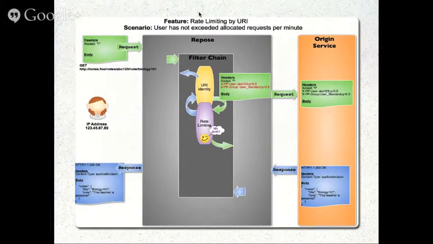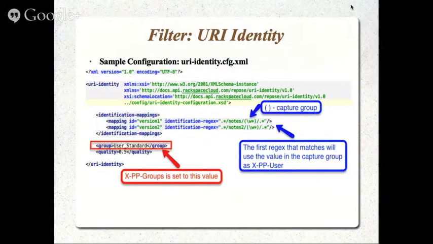She wants her biology 101 note. So the URI filter is going to match on that ABC123, and it will pull that out and assign that to XPP user. And then XPP group, it's going to set to user_standard because that's what we defined back here inside of this config file.